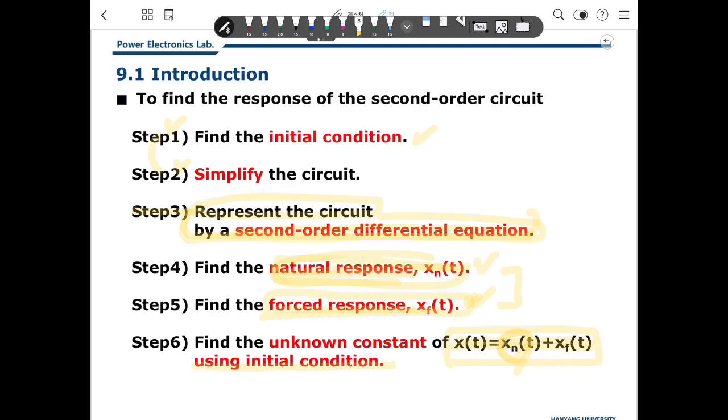There are many different cases to describe the second-order differential equation. But this is very important because the characteristic of the circuit is represented by this natural response. So in the next chapters we will discuss the natural response and how it differs compared to first-order differential equations.